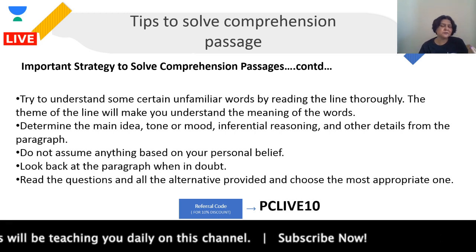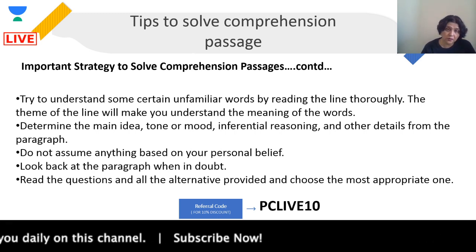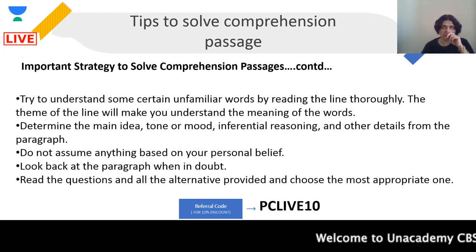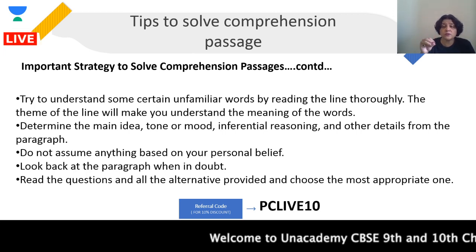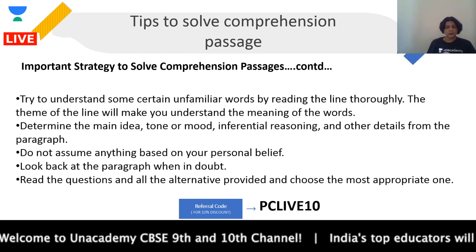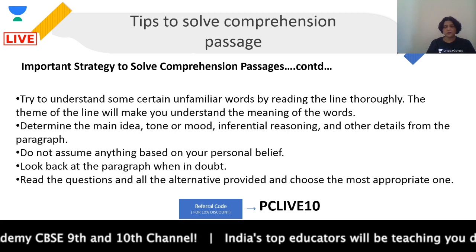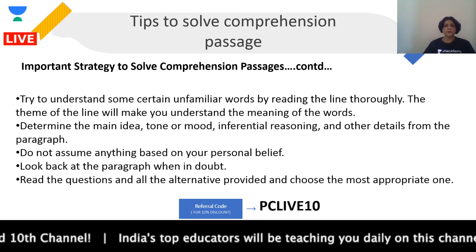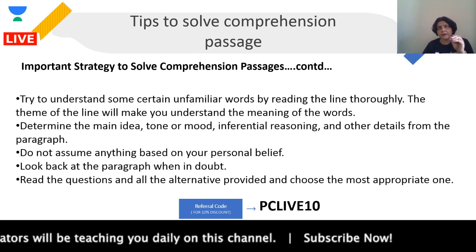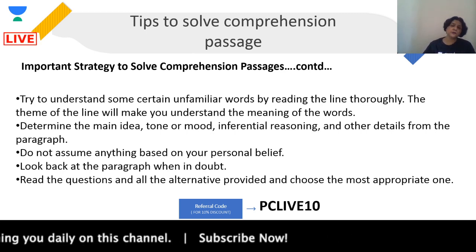You have to read the question well and then you'll have to see what the options are. Once you have seen the options, the closest, the most appropriate one has to be chosen, right? Here you just cannot keep guessing the option. For example, you are stuck in a multiple choice question. What will you do?